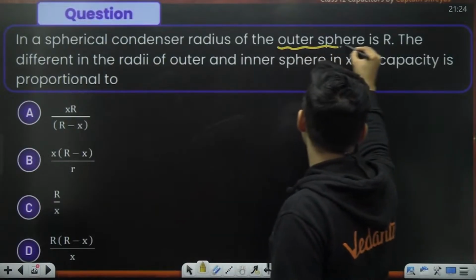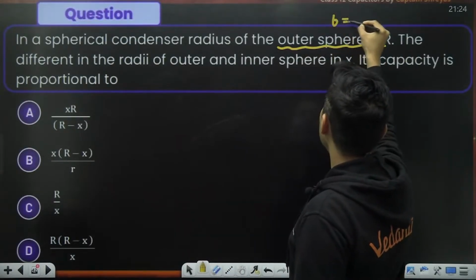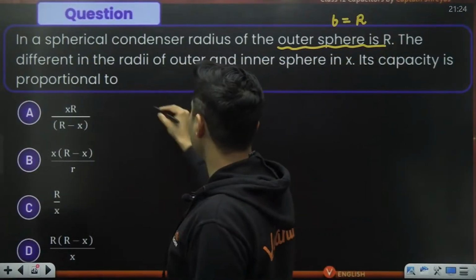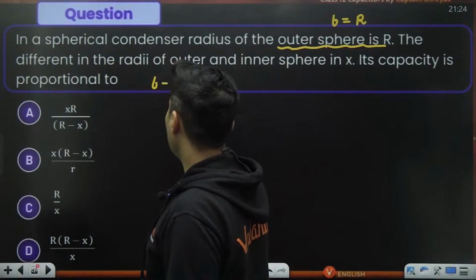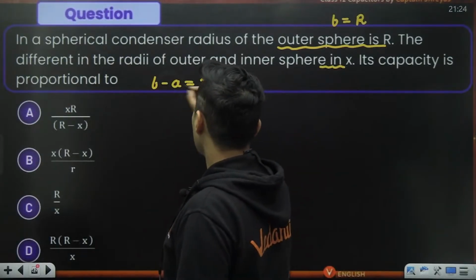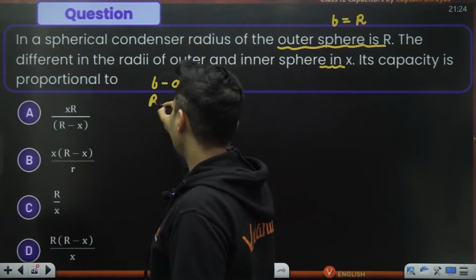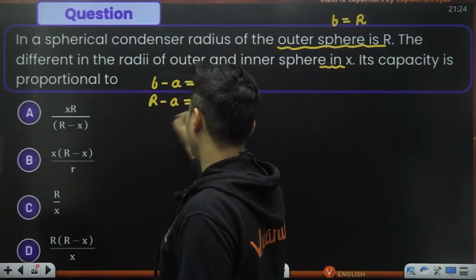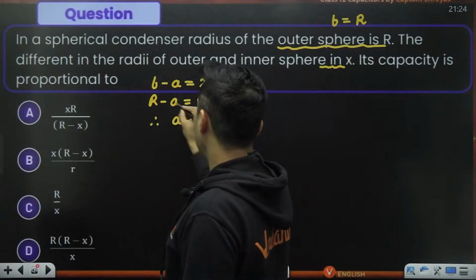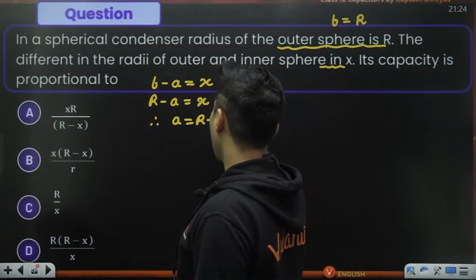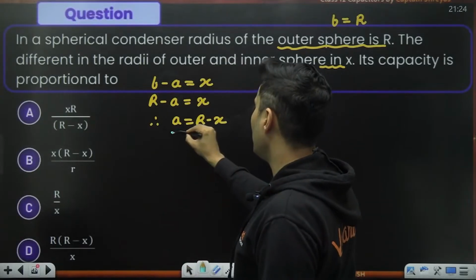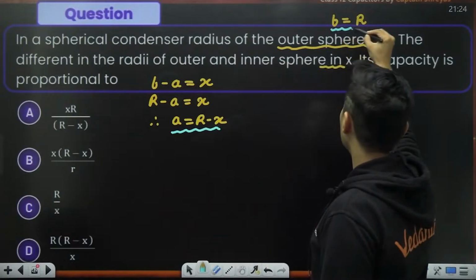The outer sphere radius is R, that means B is basically R. The difference in the outer and inner sphere, that means B minus A is basically X. But wait a minute, B is R, so R minus A is equal to X. Therefore, A will be nothing but R minus X. So we have now technically got the value of A, we also got the value of B.